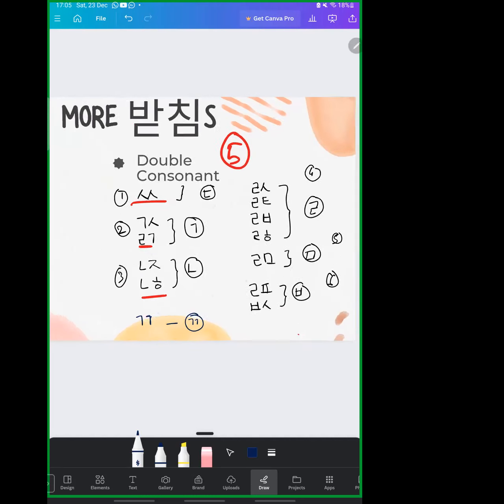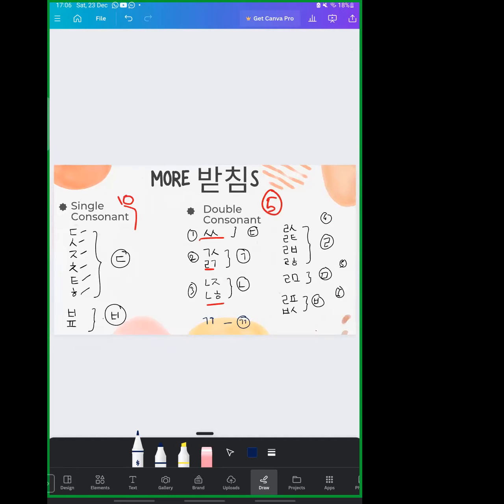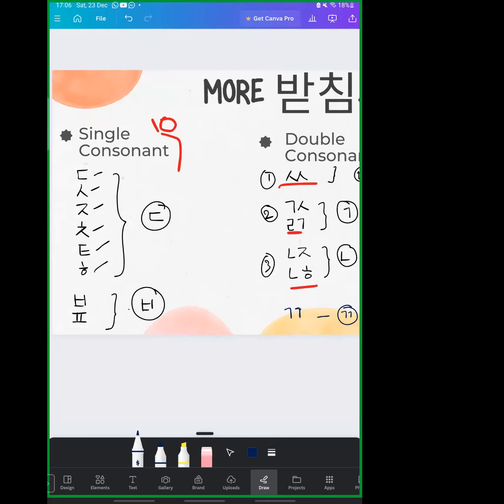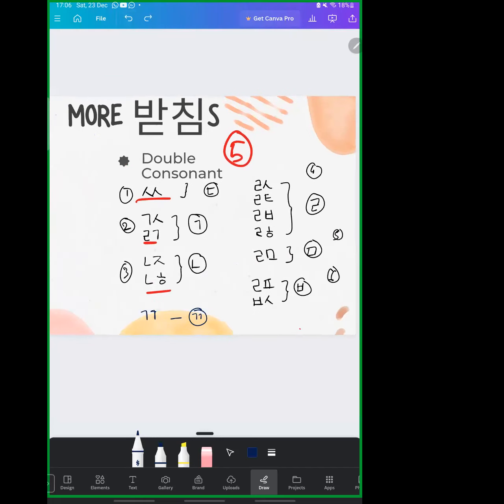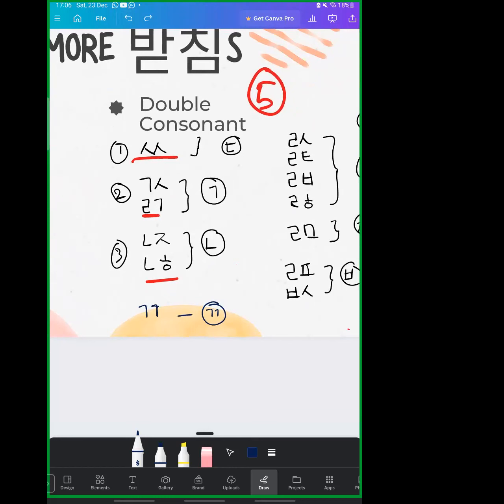So we learned these double consonants, and then we learned the single consonants, which come as final sounds. If you remember, these ones always make the same sound here, whereas these two make the b sound, right? And these double consonants also have their own rules. Not all of them are commonly used. I'll highlight the ones that I find very common.